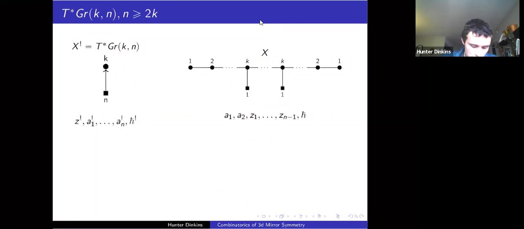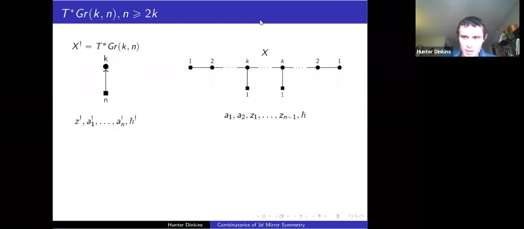Over on the left side, we have n A parameters because we have n framings, and then we have h bar, and then we have one Z variable, and that's because the rank of the Picard group over here is generated by the tautological line bundle. So you just get one Z variable.